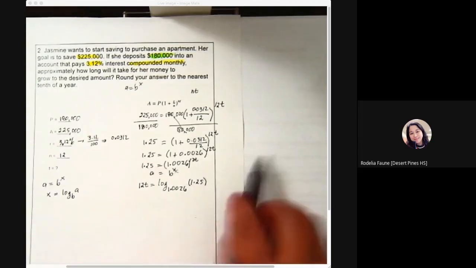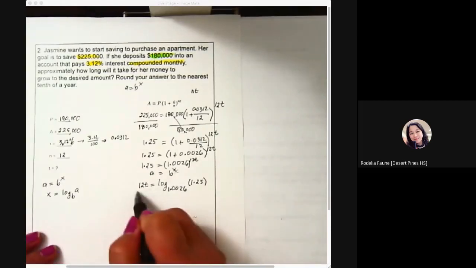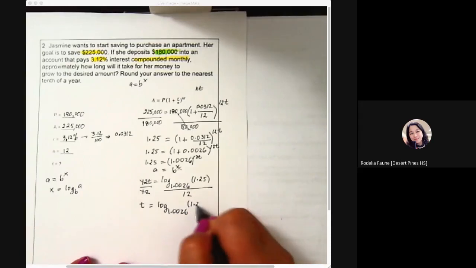And to solve for t, we have to get rid of the 12, so we must divide both sides by 12. 12 divided by 12 is 1. So we have 1t equals, we just copy this, bring down the logarithm of base 1.0026 of 1.25, over 12.